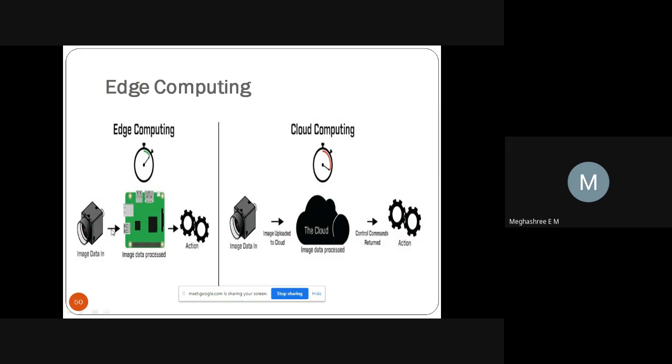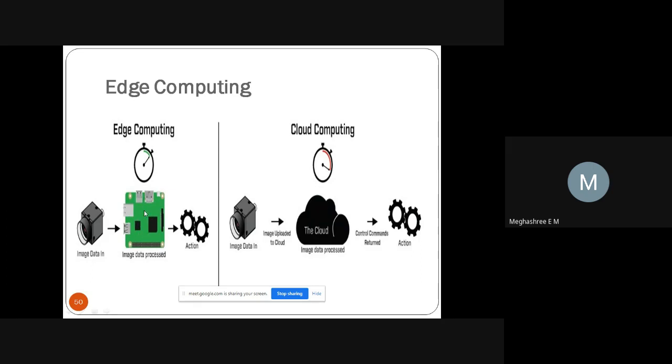See here, edge computing is a process which is done at the endpoints, that is, where the sensors or the smart devices are deployed. See, let's take a smart camera which captures the image. Okay, so that is processed in the circuit itself.